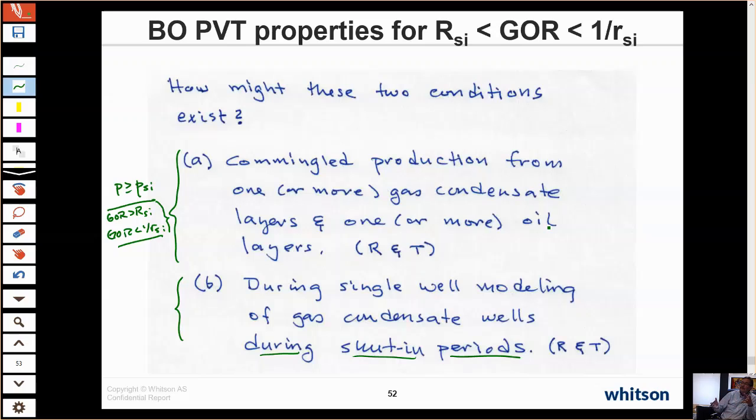If you do a compositional simulation, you get them. Okay? And you need to know the saturation pressure of all the mixtures between the original, let's say, zone with oil and the other zone with gas. So if the two zones start mixing, you create lots of real mixtures. So they do become real.